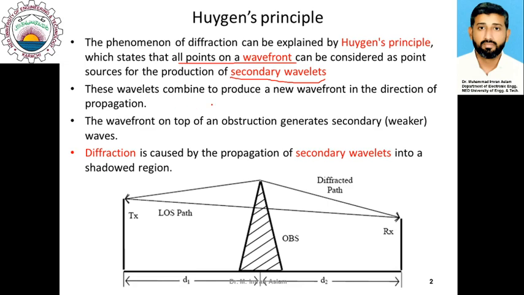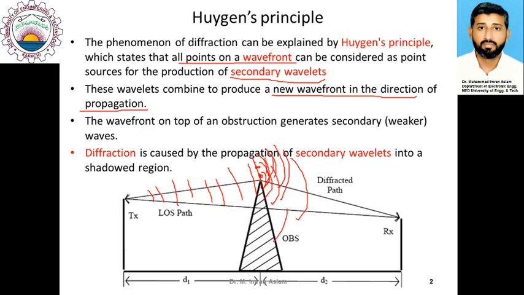These wavelets combine together to produce new wavelets in the propagation directions. So if you have a wave which is coming from this side here, and this one got blocked here, any point here on top or here will also generate new wave fronts. So it will generate a wave front like this here. Similarly, this one also creates a wave front like this. The third point would create a wave front like this, and so on.